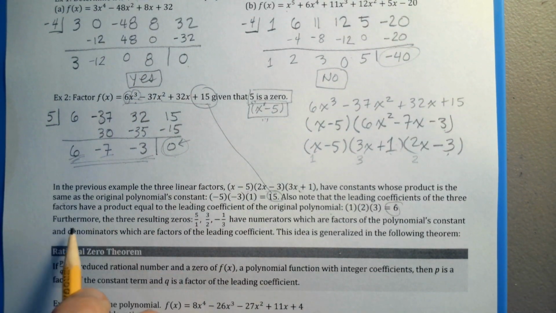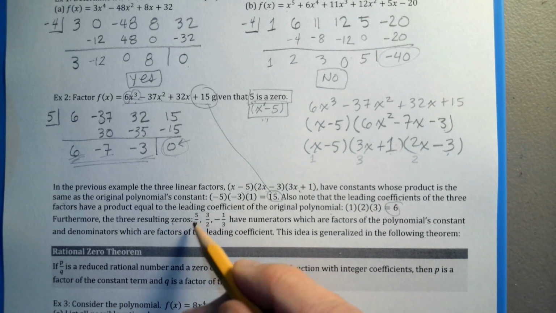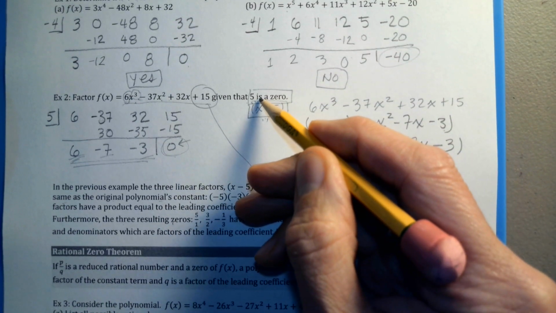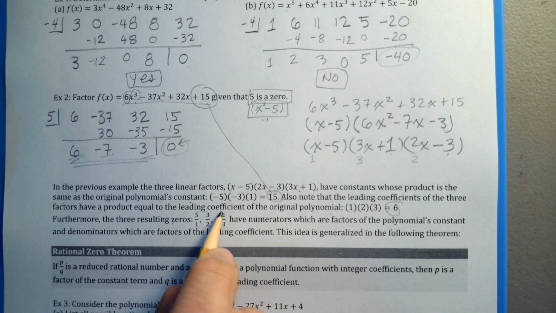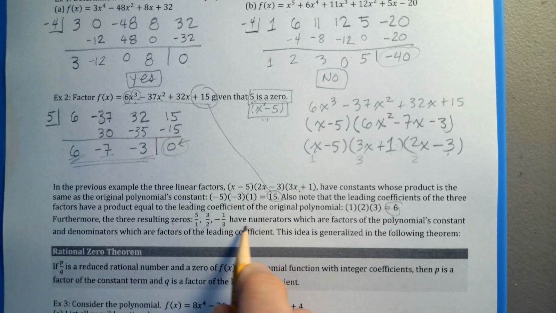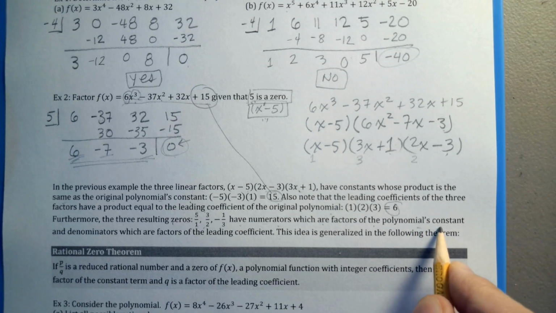All right. Furthermore, the 3 resulting zeros. Now, we would usually just say 5 because they gave us the 0 is 5, but I'm writing it as a fraction. So 5 over 1, that's one of our zeros. 3 over 2 and 1 over 3 have numerators which are all factors of the polynomial's constant.